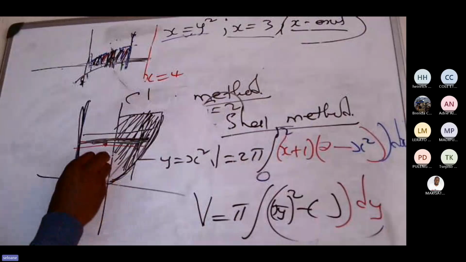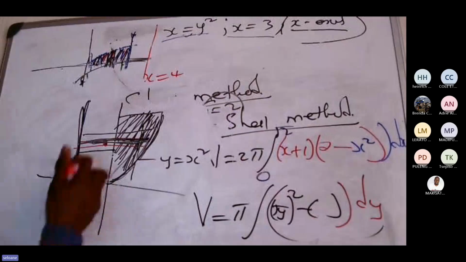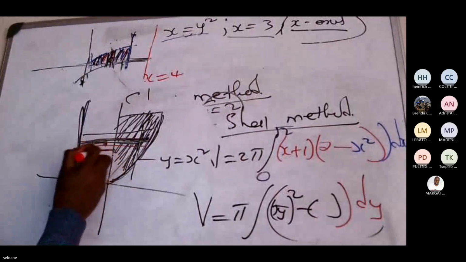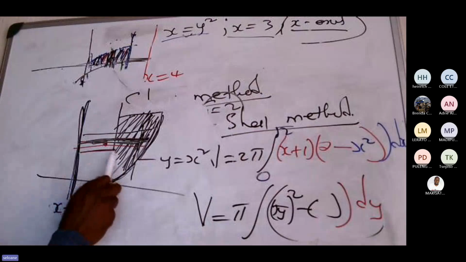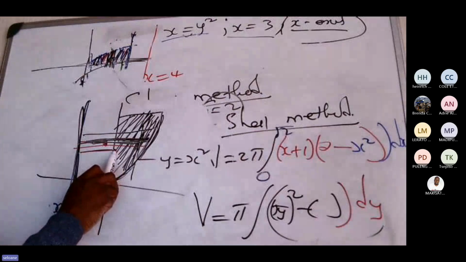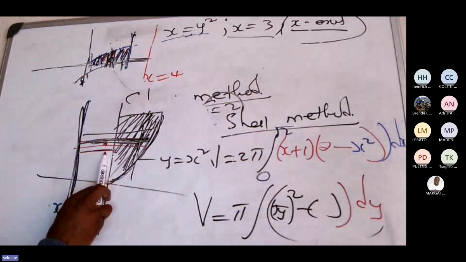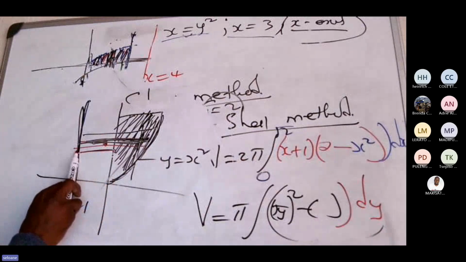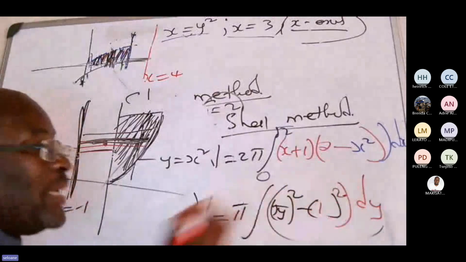The inner radius is this distance. It must be what? x here. What is x here? It is 0 because it's on the y-axis. 0 minus x here. And what is x here? It's -1. Therefore it will be 0 minus -1, which is 1. Therefore it will be 1 squared.